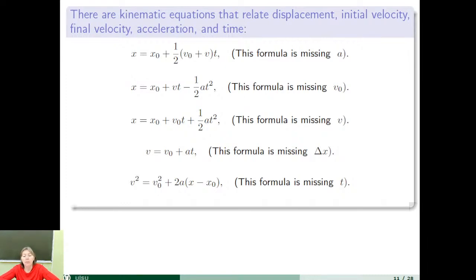In different problems, we have a missing acceleration, initial velocity, final velocity, displacement, or time, and our goal is to find other values, and we can use these five expressions.